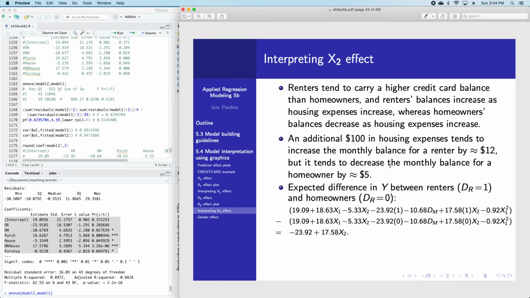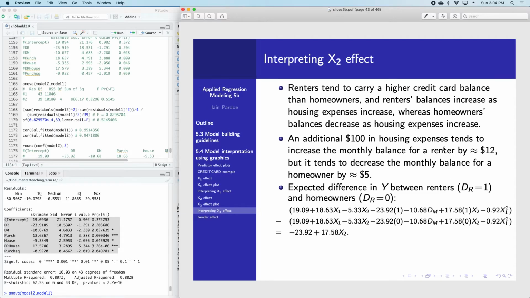And then we can do a similar thing to what we did last time as well, is we can just do some math and look at how an additional $100 in housing expenses affects the different types of person.